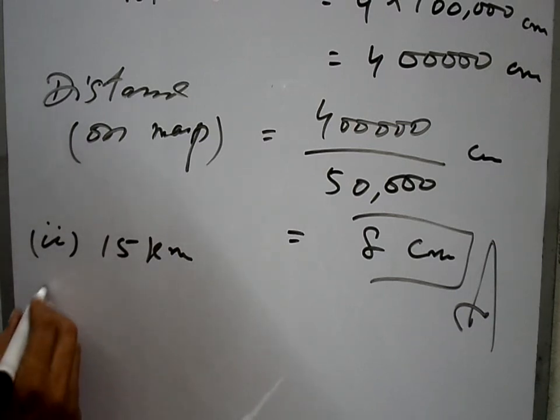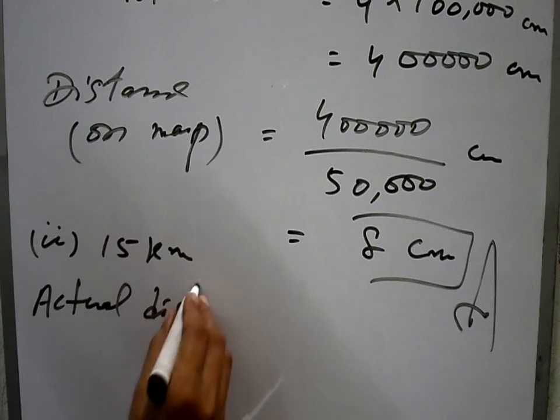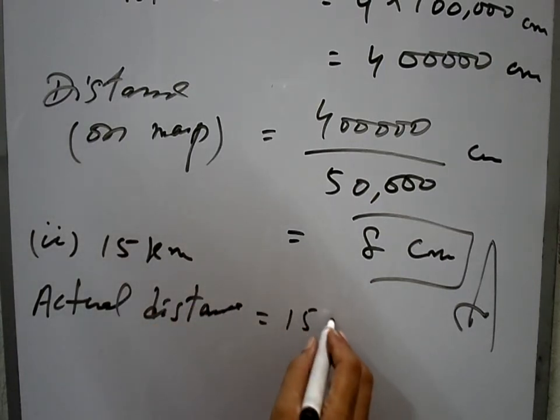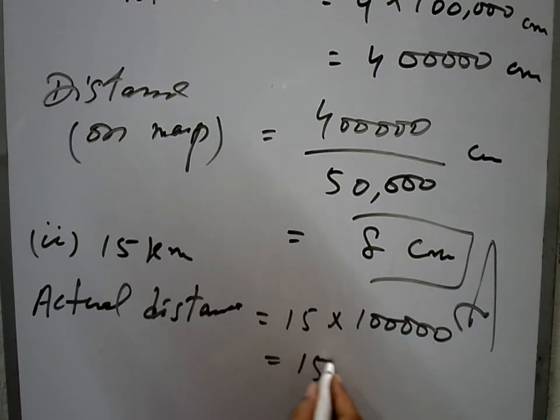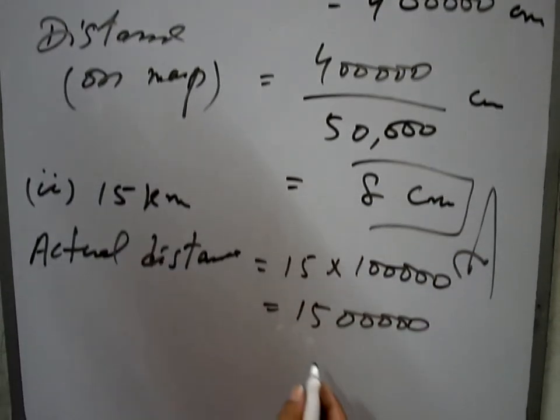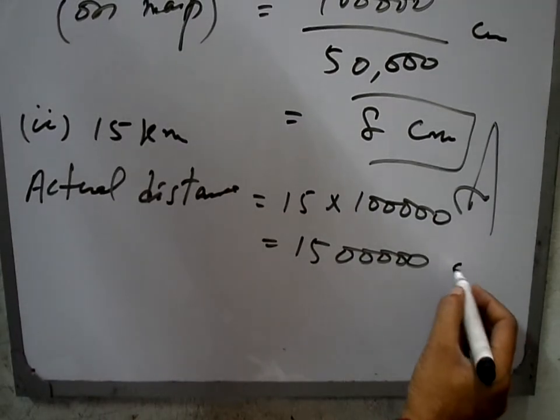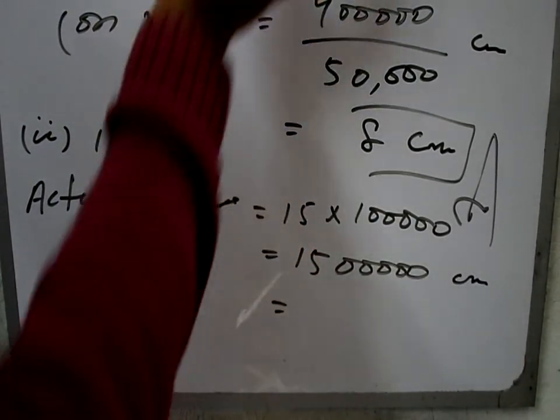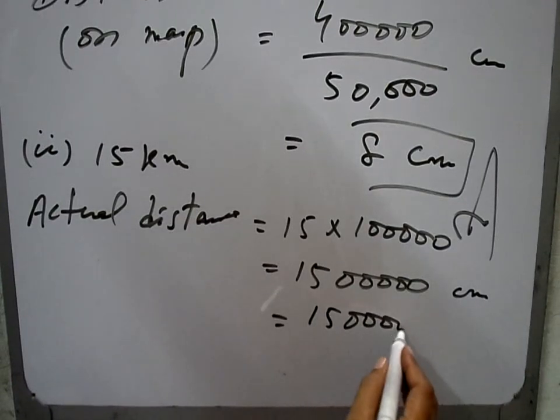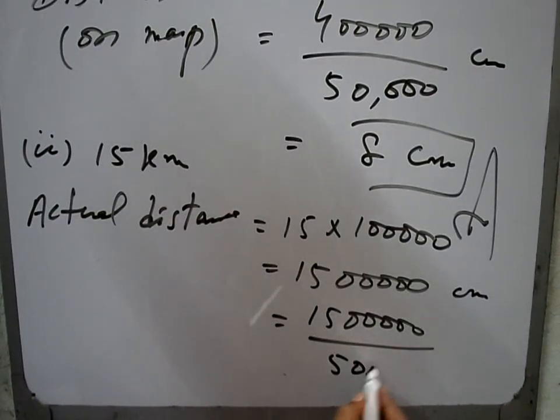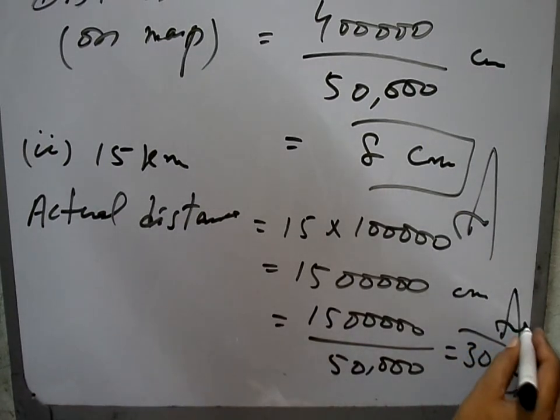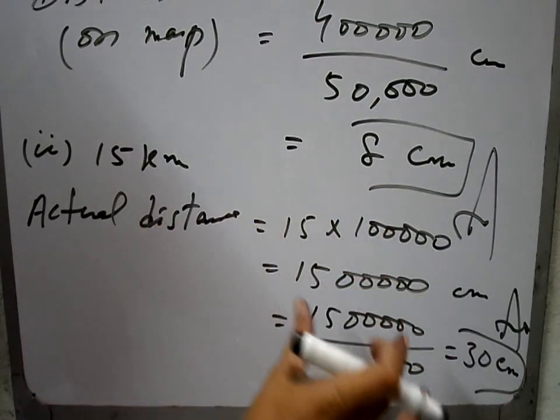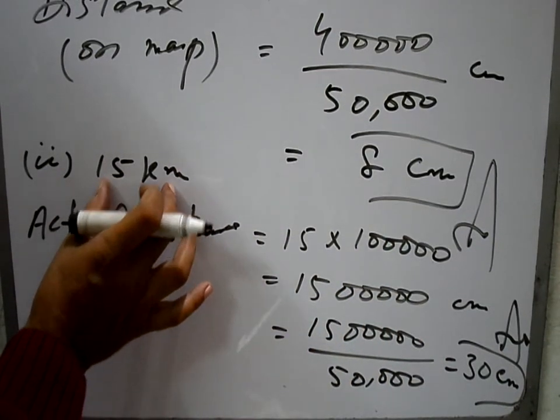Okay, actual distance is 15 kilometers multiplied by 100,000, and divide by the scale factor 50,000. You will get 30 centimeter. So that is your scale on map. You have to draw on map 30 centimeter, that line which represents the 15 kilometer.